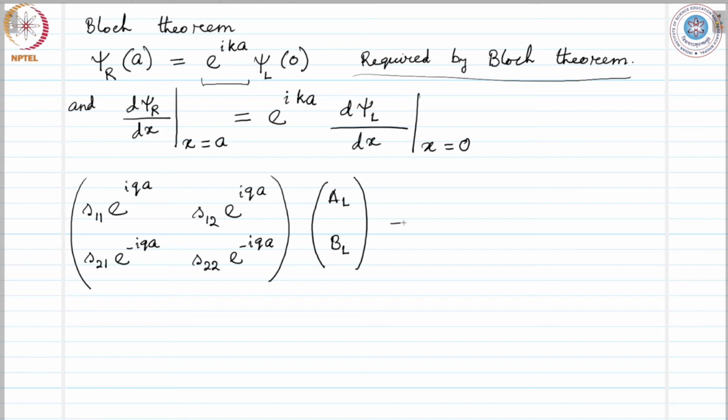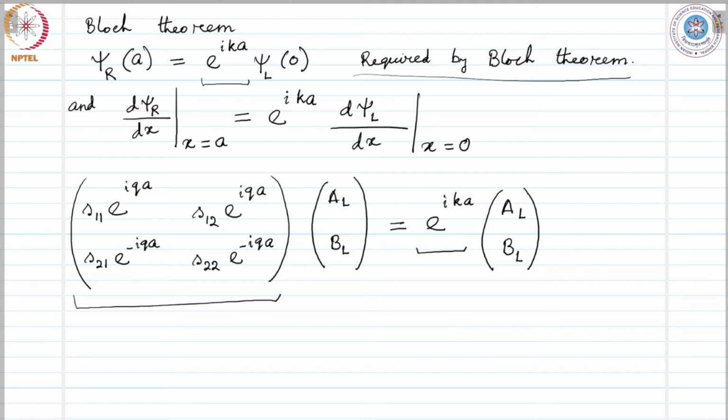This quantity equals, according to these boundary conditions, e^{ika} times (A_L, B_L). This equation shows that the 2 by 2 matrix has an eigenvalue e^{ika}. This must be an eigenvalue of this matrix.